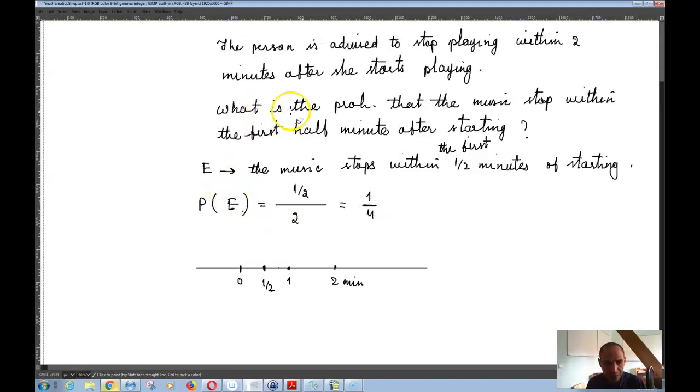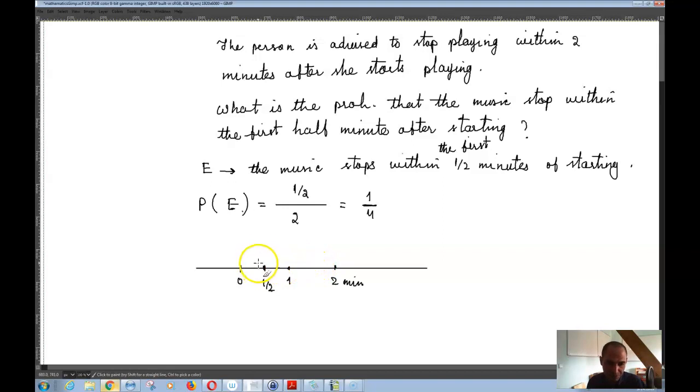So the probability that the music stops within the first half minute would be 1/4, or 25%. Even if you think about it, 2 minutes would be 4 times half a minute: a half minute, another half minute, another half minute, and another half minute.